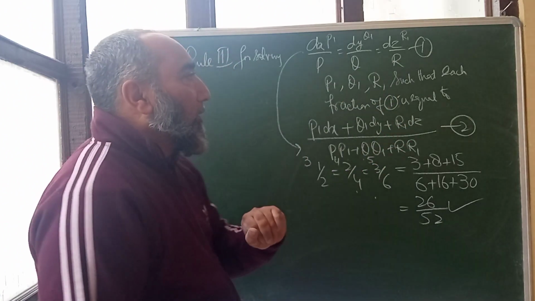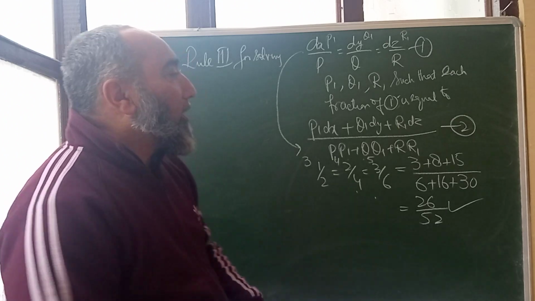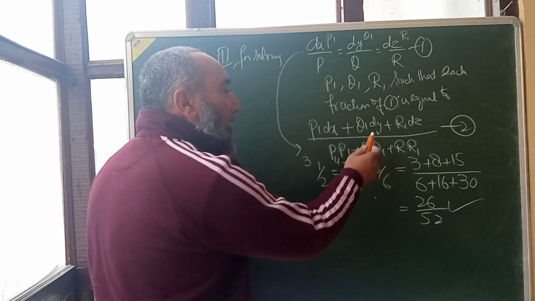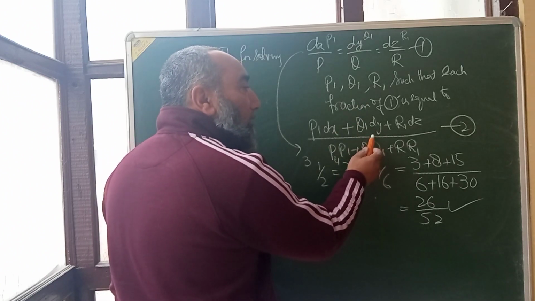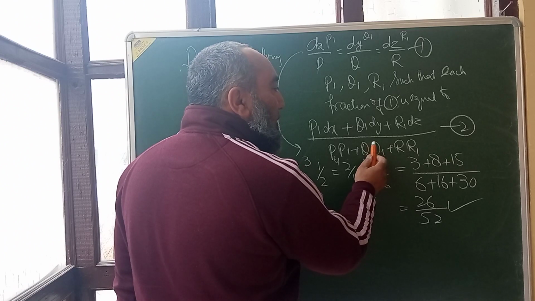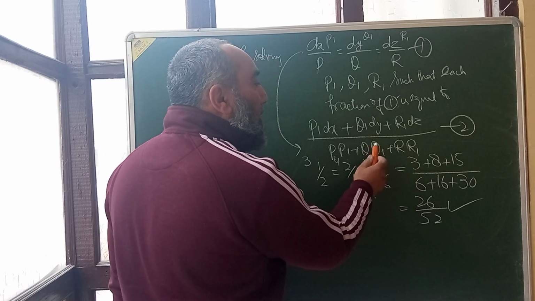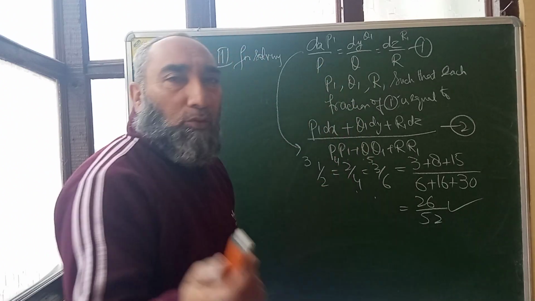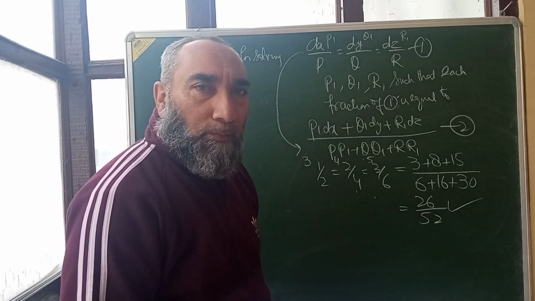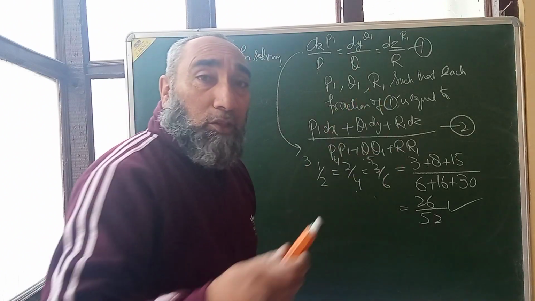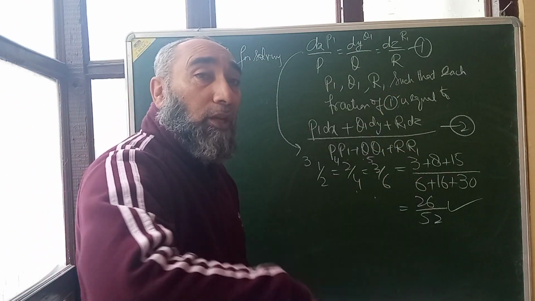Now comes the method. I can use rule 1. I can combine this fraction with this, or with this, to get a solution. Fine? If I get a solution there, I can use that solution to get another solution.